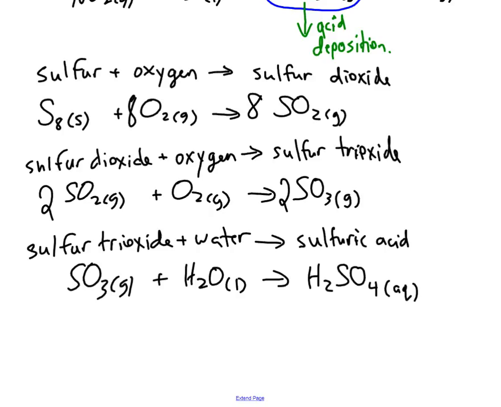That produces sulfur dioxide, which in turn combines with oxygen again to form the final sulfur oxide, the trioxide gas, which when it combines with atmospheric water will produce the H2SO4 molecule, which again is dissolved in the water droplets, and that also is going to fall as acid deposition.